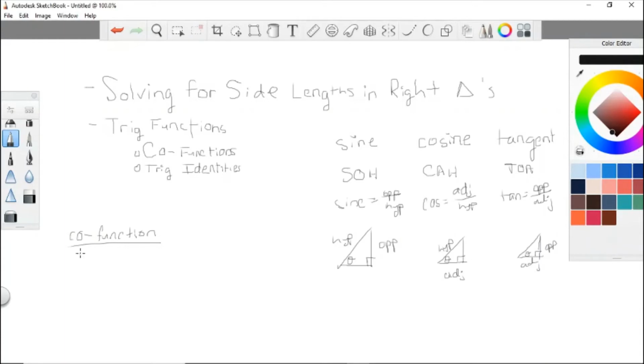And for example, if we have sine of theta, and we want to find the cofunction of sine of theta, that would mean the cofunction would be equal to the complement of the function, so 90 minus theta.